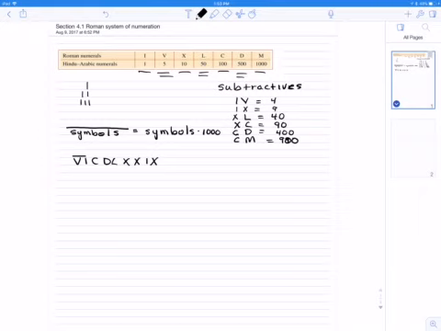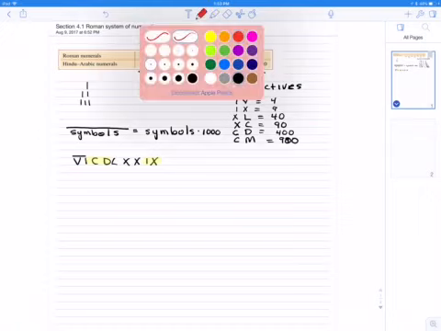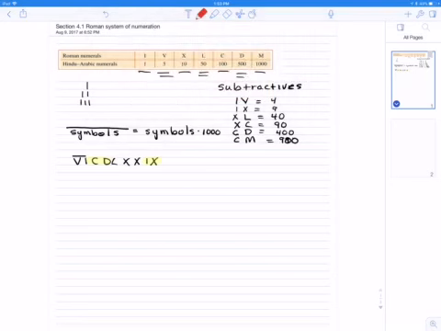To convert this to our own Indo-Arabic system, the first thing we want to do is to identify the subtractives. So the CD is a subtractive, and the IX is a subtractive. So CD is valued at 400.